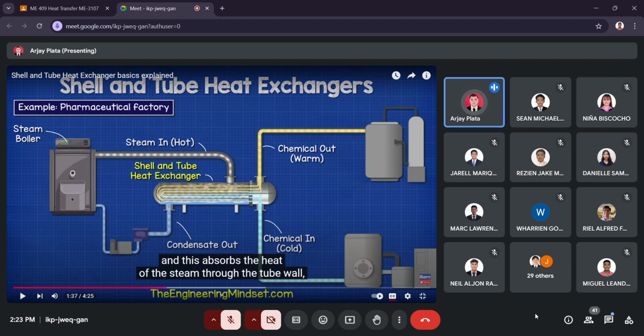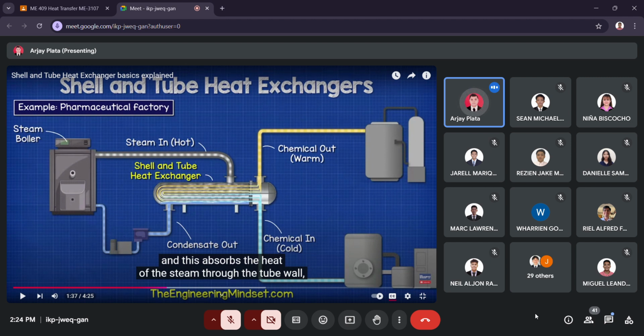Meanwhile, the chemicals are coming in from another source. They enter the channel and then eventually the tubes, and come out at a high temperature because the heat from the steam is transferred through the tubes to the chemicals.